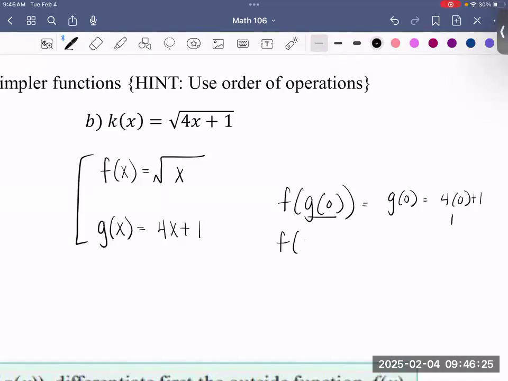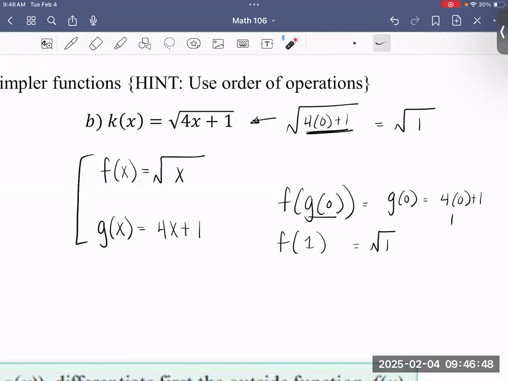So now we can evaluate f of 1. So now the square root of 1. And if we did it all together at one time, the square root of 4 times 0 plus 1. Notice that your g is being affected first, order of operations. Now that you have your simplified form, then we can go ahead and take the square root of it, the square root being f of x.